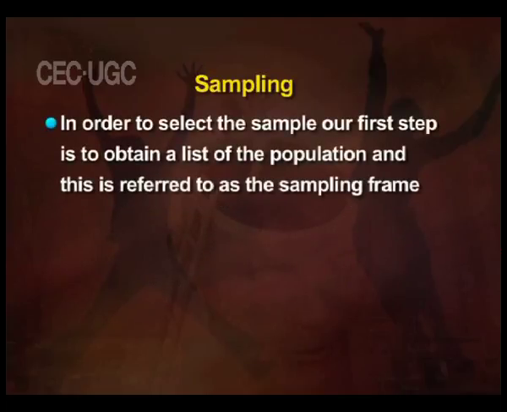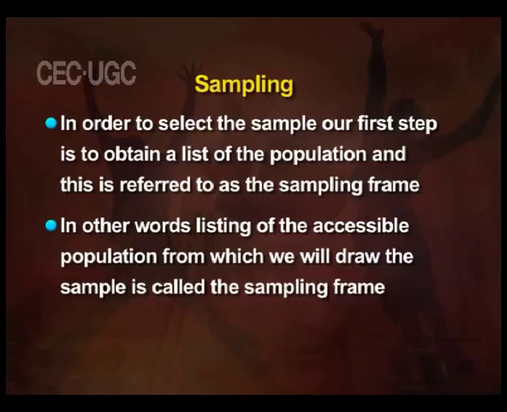In order to select the sample, our first step is to obtain a list of the population, and this is referred to as the sampling frame. In other words, the listing of the accessible population from which we will draw the sample is called the sampling frame.